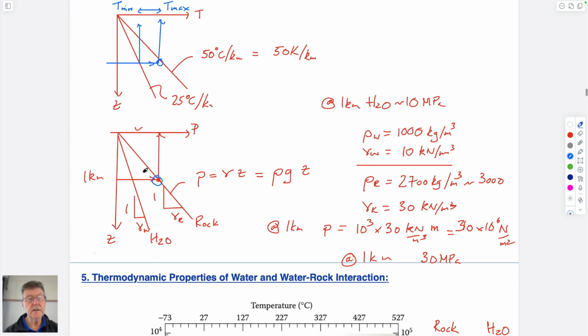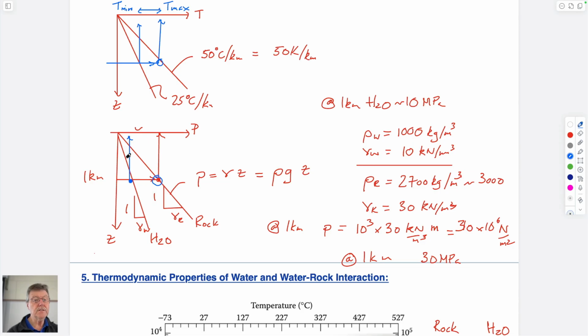And likewise, as we go down, if we look at either the rock pressure or the water pressure, we could choose one of those to represent the pressure at which we have a corresponding temperature. The variation between the magnitudes of pressure that we might have would be the so-called hydrostat.